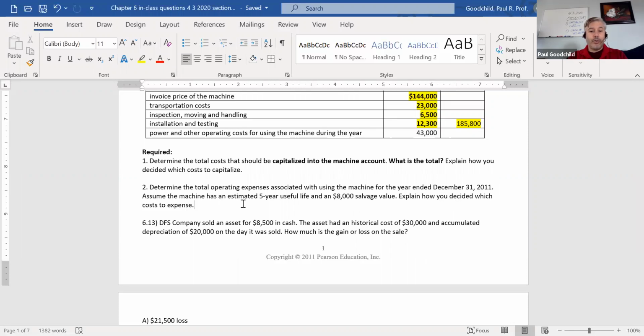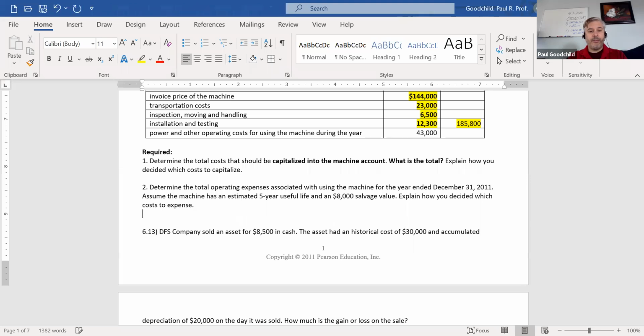Now it doesn't say straight line, but we can calculate that based on straight line. We take the 185,800 and subtract out the $8,000 salvage value, and I think that's 177,800.